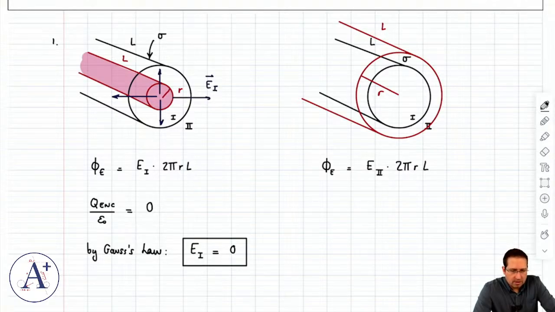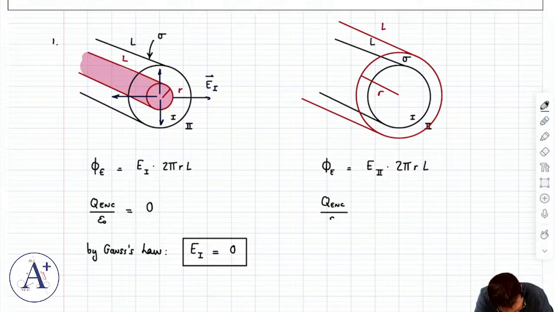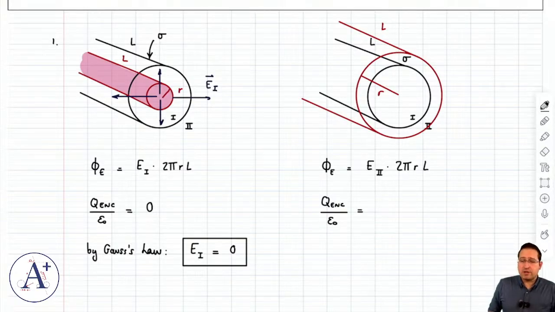Okay. So, with that said, let's equate it to Q enclosed over epsilon naught. Now, what is Q enclosed?